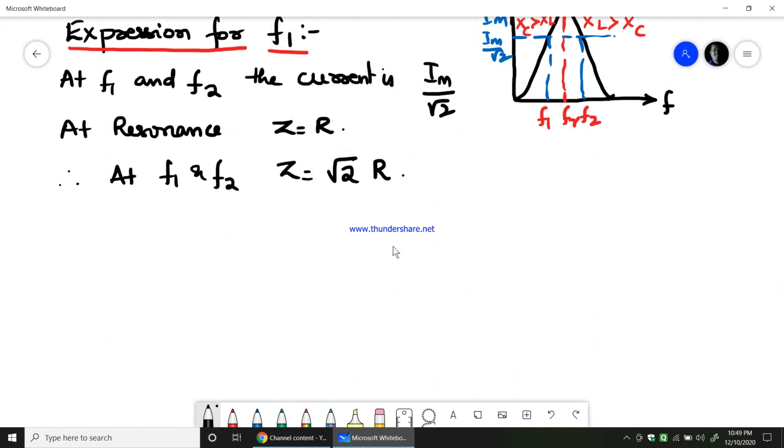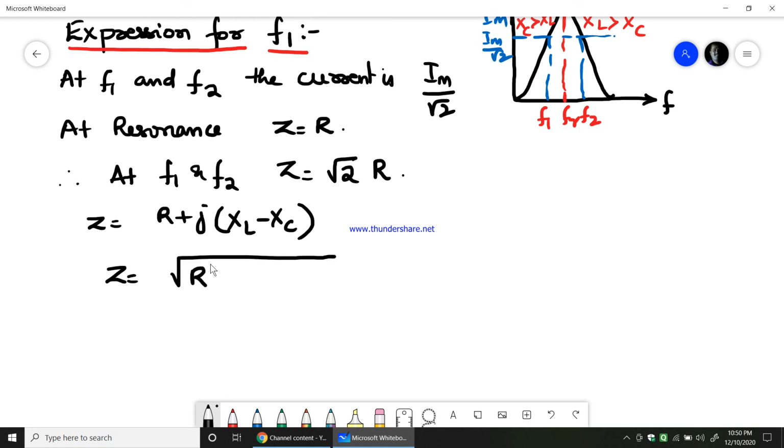Now Z is also equal to R plus j into XL minus XC. When we try to find out numerically what Z is, we normally go with the magnitude of this equation, square root of R square plus XL minus XC the whole square.